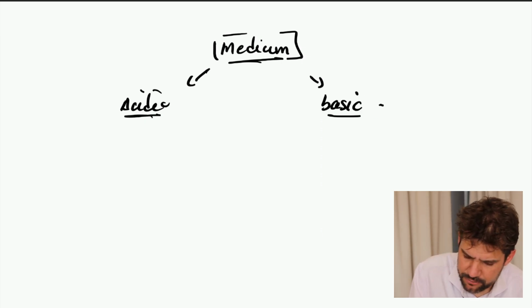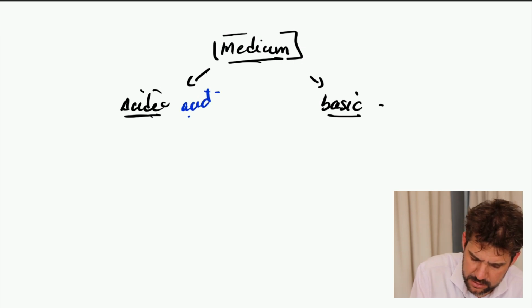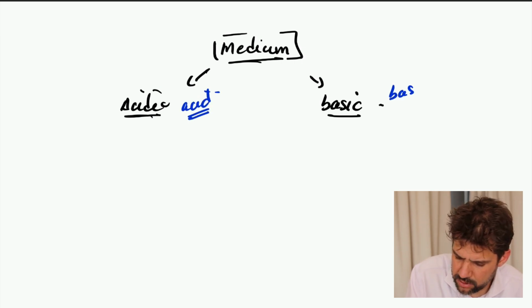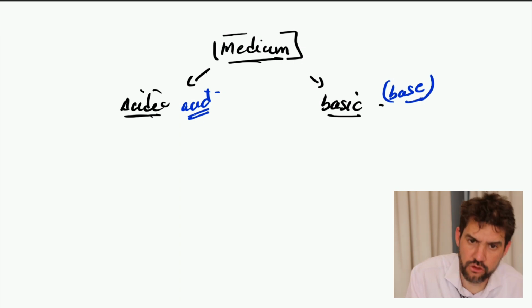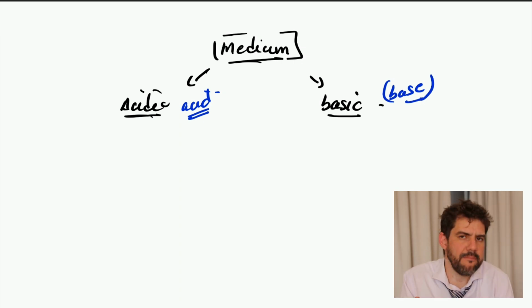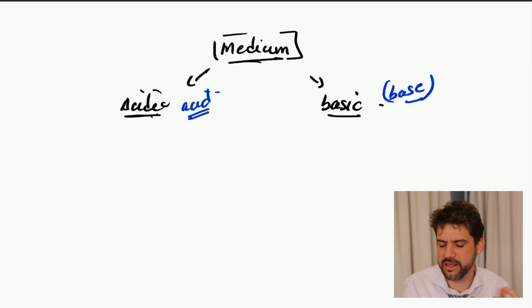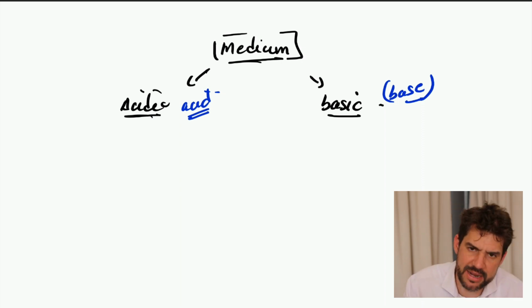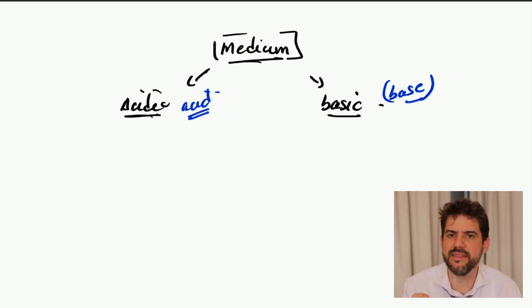All right, if you remember from acids and bases, this one is coming from acid, this one is coming from base. So when you do this type of reaction, they can happen sometimes in an acidic medium and another time in a basic medium. Guys, if this is happening in an acidic medium, it means that sometimes you are going to miss some atoms on either side of the reaction.